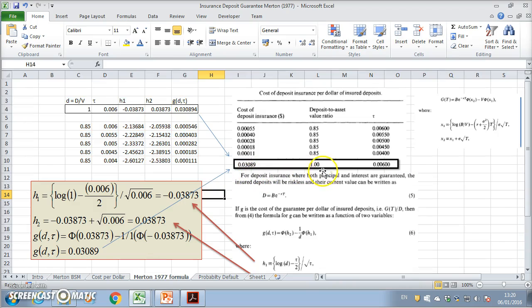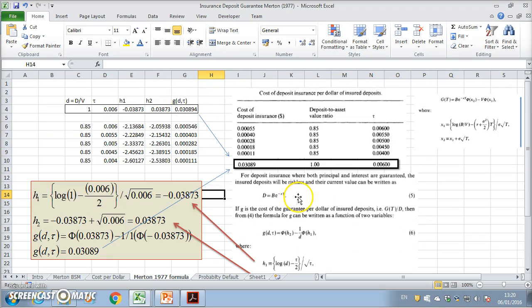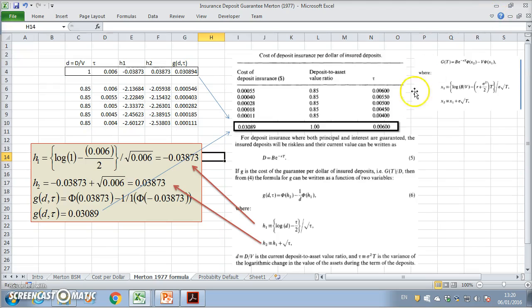So this example that I just highlighted, if we represented this employing this formula, we could say that to estimate lowercase g using psi h2 minus 1 over d psi h1, we estimate h1 first, and that would be equal to the log of d.